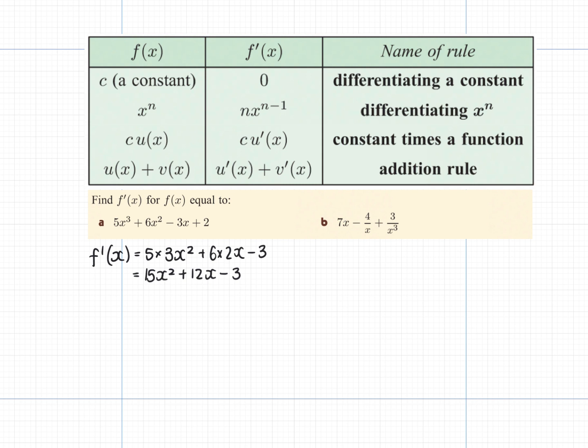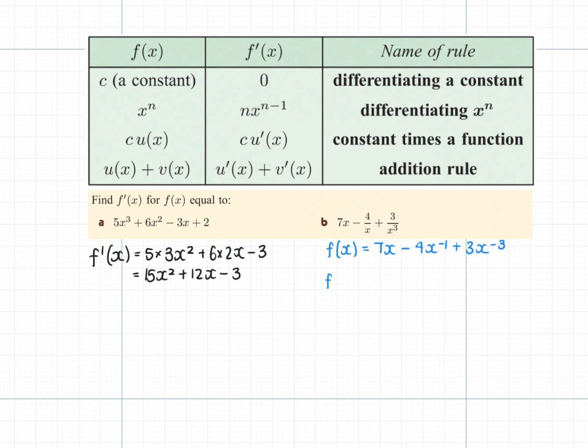When we look at this second example, the first thing we're going to do to make this easier is rewrite our fractions with negative indices. So we're going to have 7x minus 4x to the negative 1 plus 3x to the negative 3. That will help us when we use our differentiating x to the n rule.